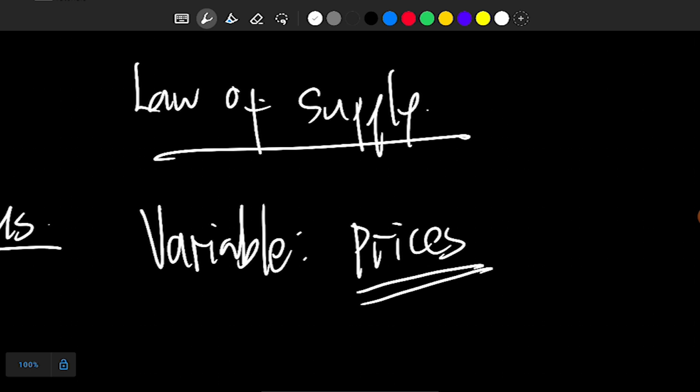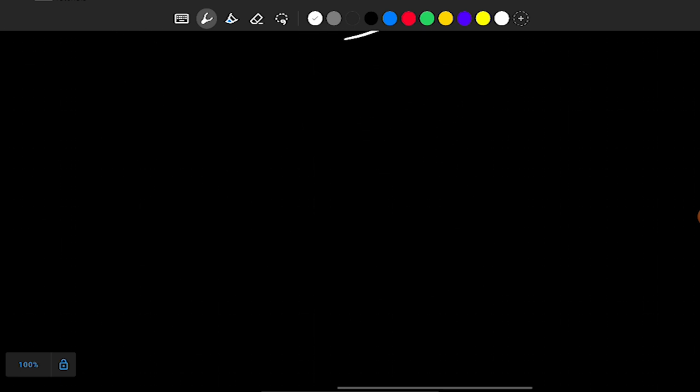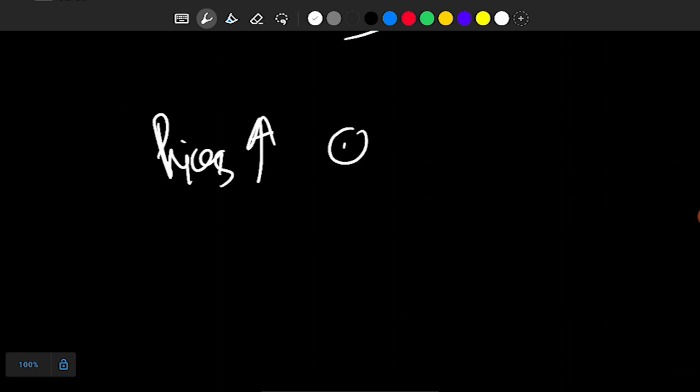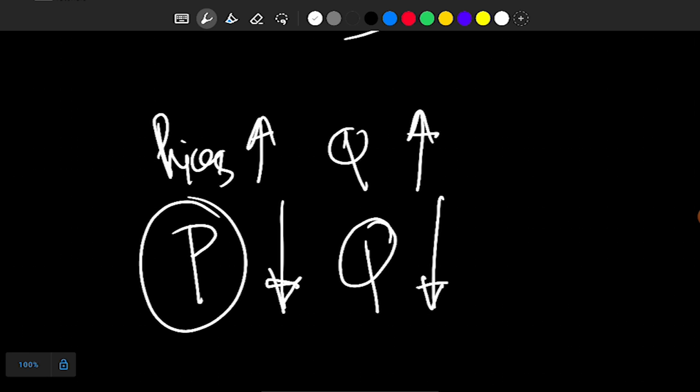So we see that a price increase almost always leads to an increase in the quantity supplied of that good or the service, while a price decrease will decrease the quantity supplied. So we see that, because we said if prices increase, then quantity supplied increases. If prices, and I use P to denote price, decrease, then the effect on the quantity supplied is that there will be a decrease in the quantity supplied.